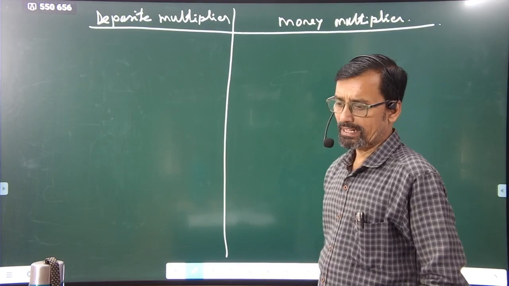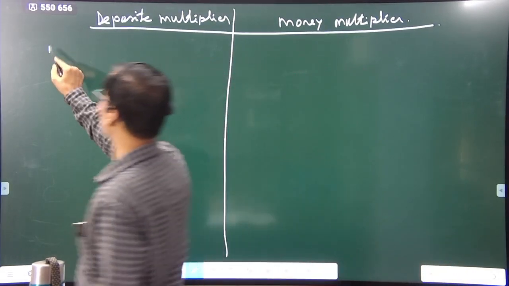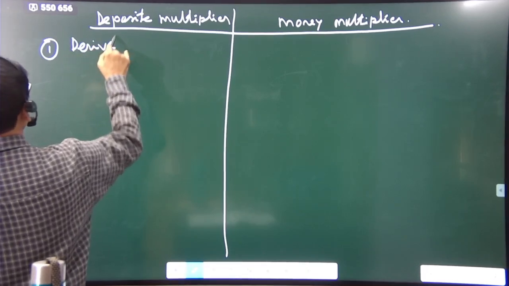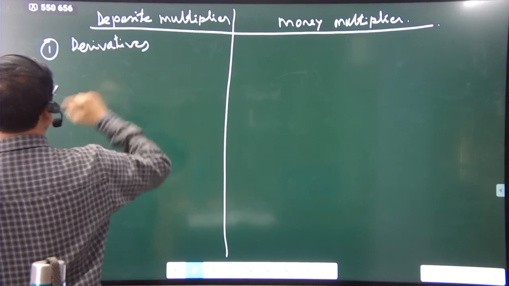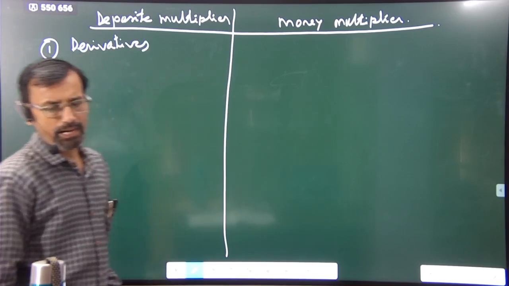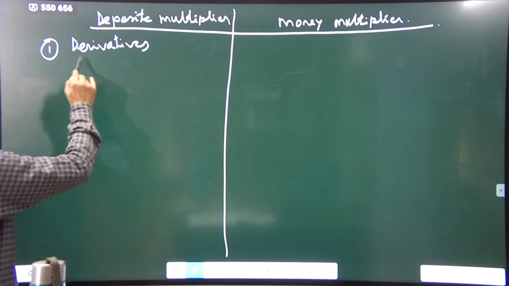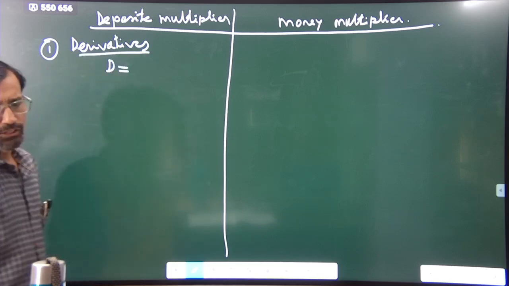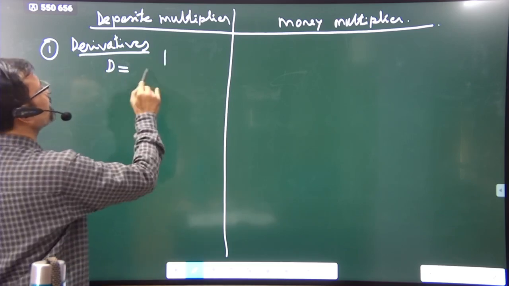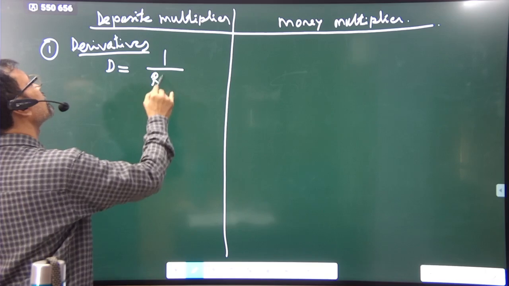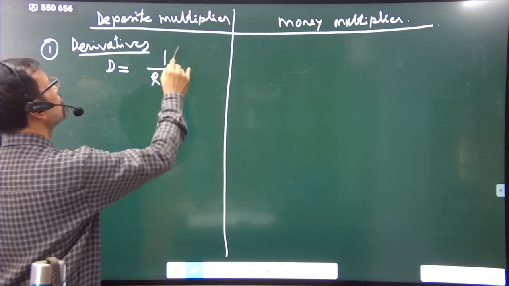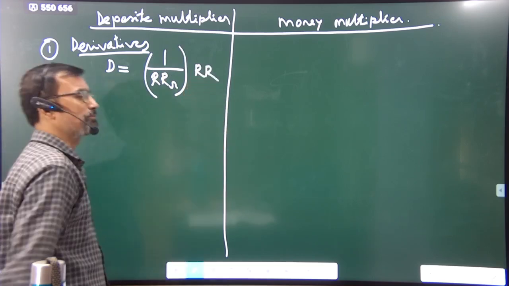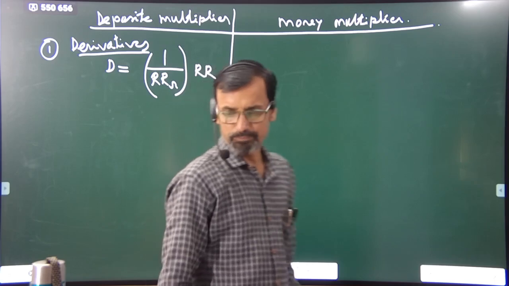So what is the derivation of the money multiplier? The derivation of the deposit multiplier is given by D, that is, deposit, equals 1 by required reserve ratio into the initial required reserve.